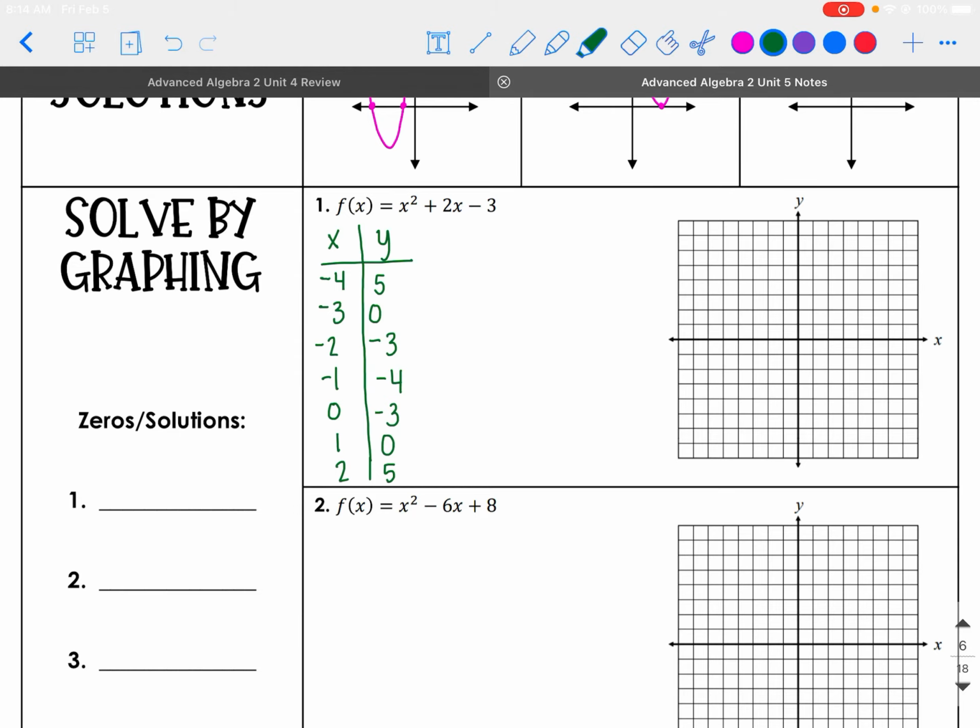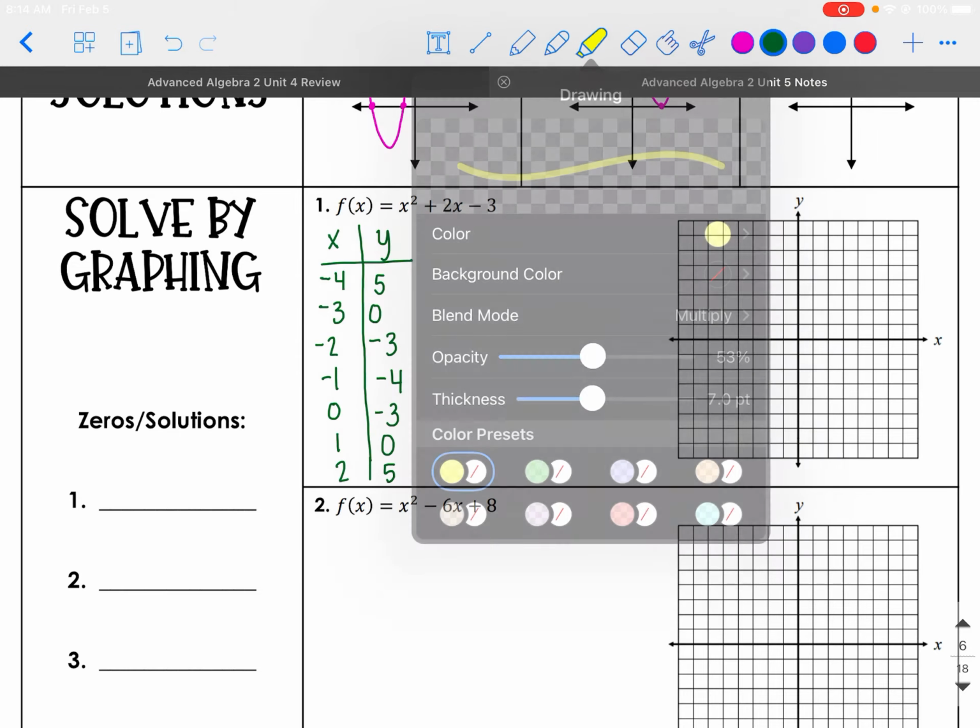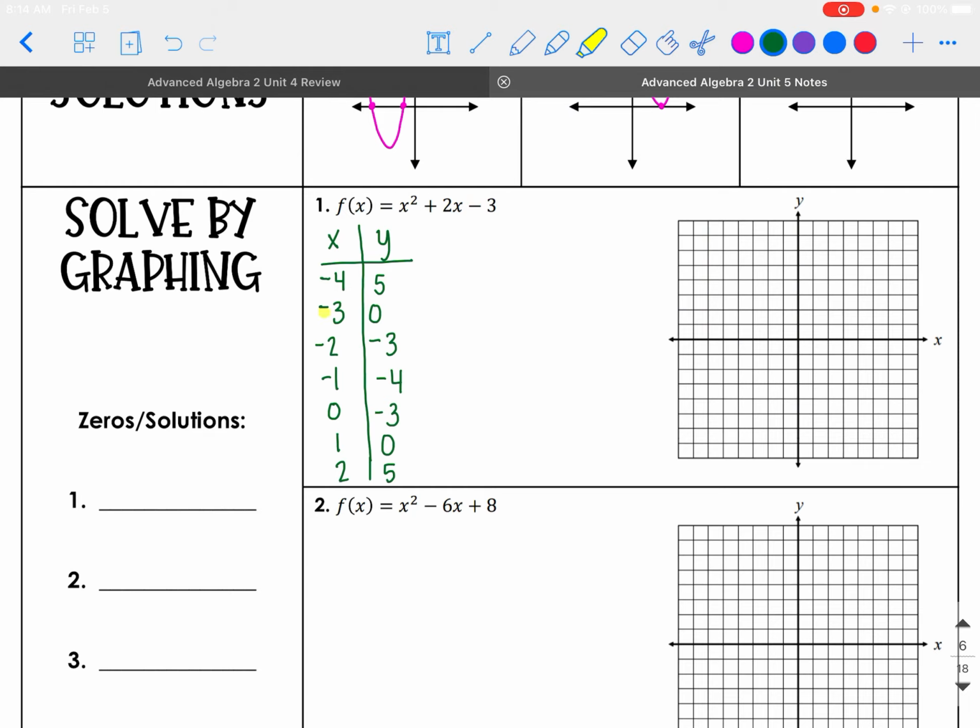Now these points where the y is 0, those are our solutions or our x-intercepts. When your y is 0, that's your x-intercept. When your x is 0, that's your y-intercept.